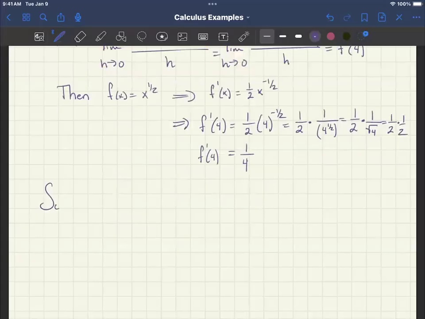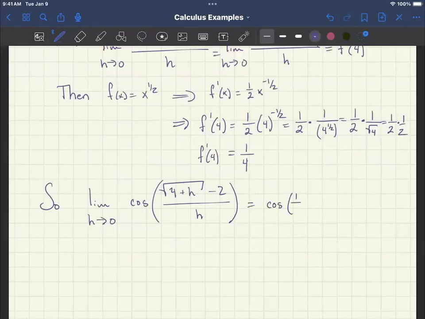So putting that together with what we know already, when we take the limit as h goes to 0 of cosine square root of 4 plus h minus 2 all over h, we're actually looking at the cosine of 1/4 right there. So using what we know about the derivative and the definition of the derivative is very handy in a problem like this.